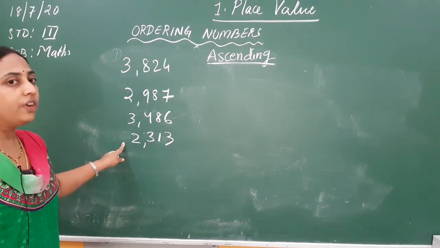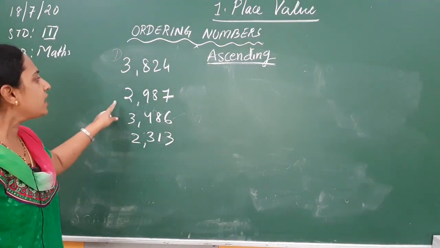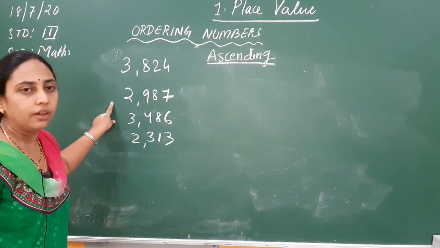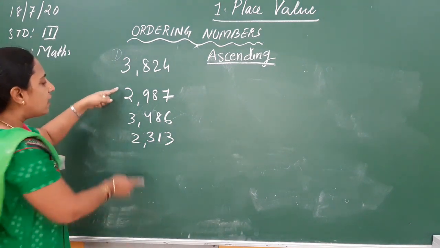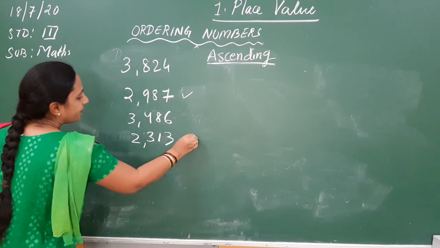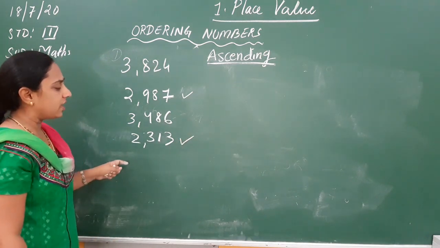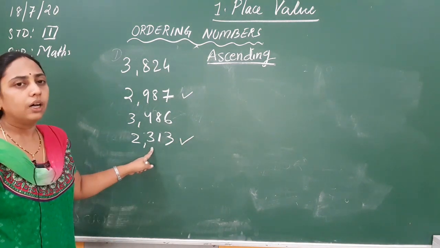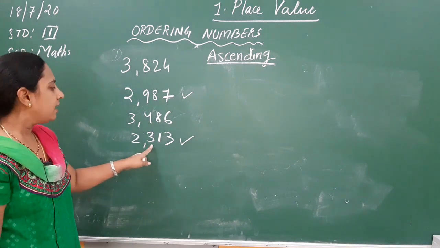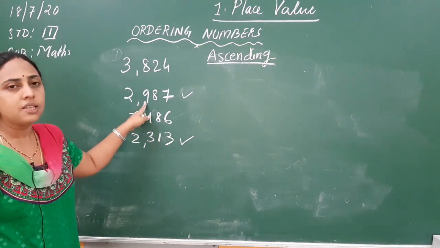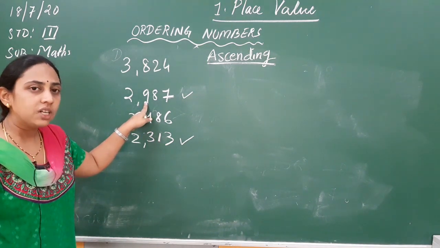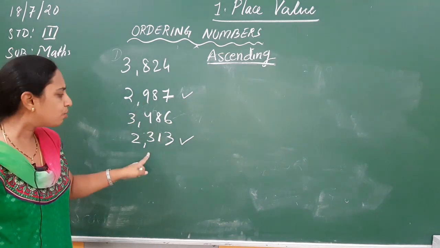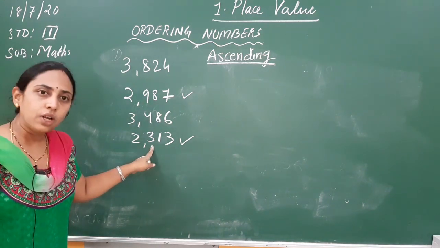So we know that 2 is smaller than 3, right. So we have to deal with this and this. Now we will check the number in hundreds place. Here it is 3, here it is 9. So what is the smallest among these two? 3 is the smallest, right.